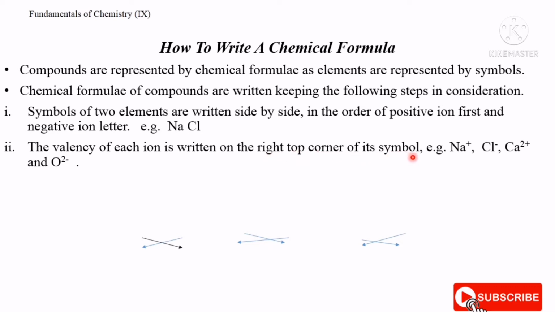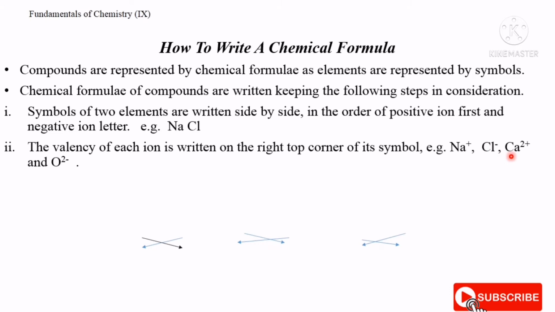For example, in the case of sodium, the valency is +1, and it is written on its top right corner, that is Na+1. In the case of chlorine, it is 1 negative, so at the top right corner of the chlorine symbol, -1.